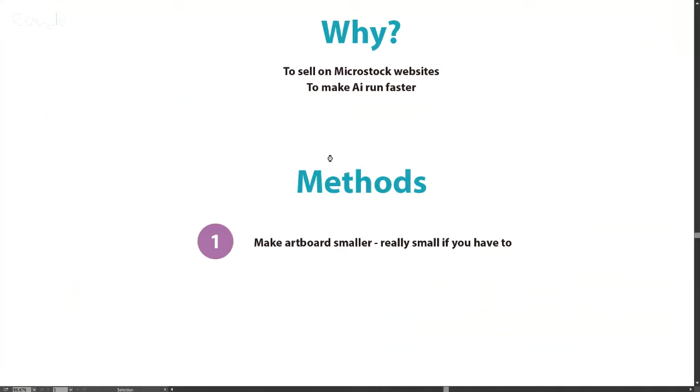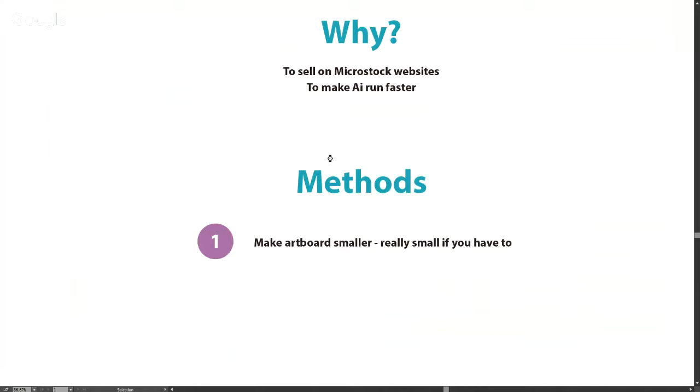And by smaller, I mean it depends on how big the artboard size was originally. For example, to give you a perspective, if you have your artboard size as 2000 by 2000 pixels in Adobe Illustrator, you can make it 200 by 200, which is actually acceptable, and since you have vector artwork and not raster artwork, it will work well.